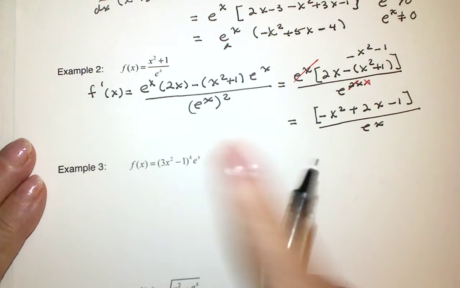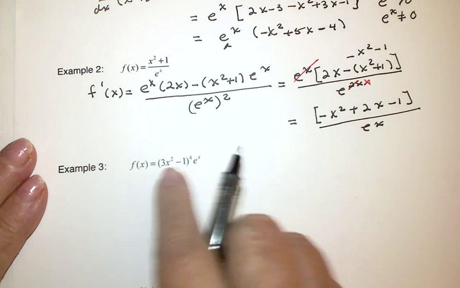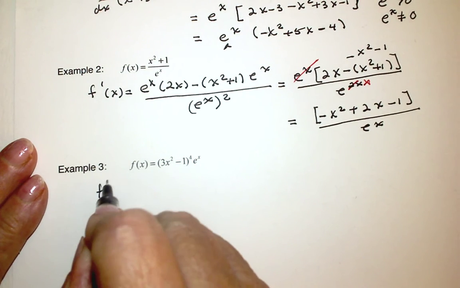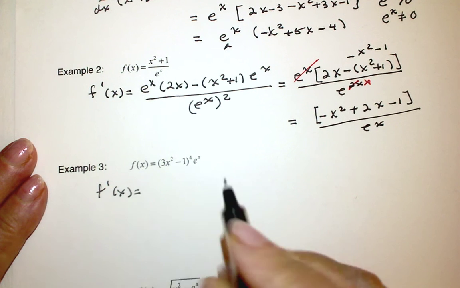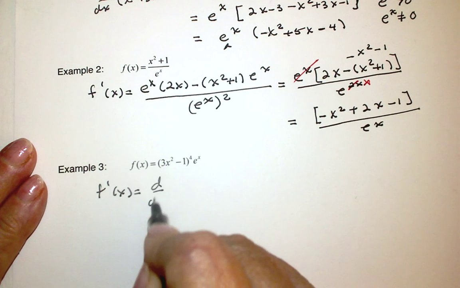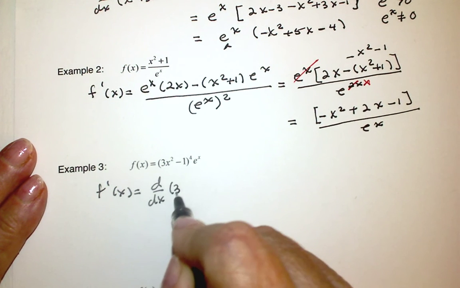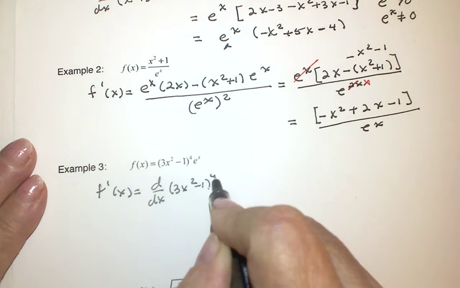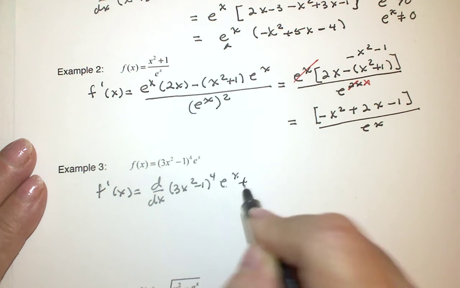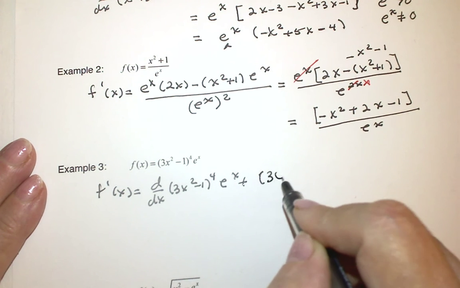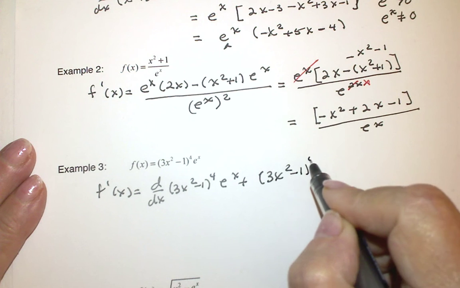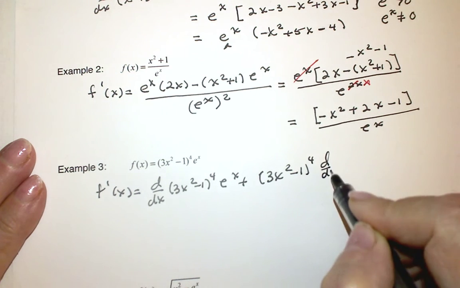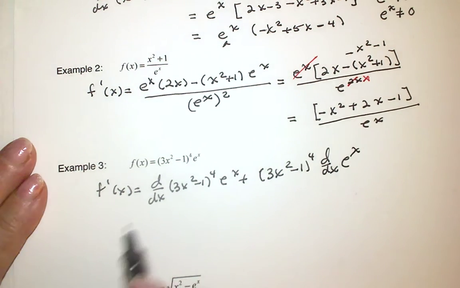This is product rule and chain rule. So f prime of x is the derivative of the first times the second plus the first times the derivative of the second.